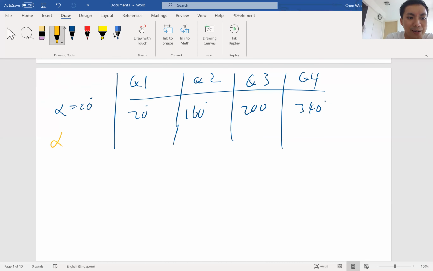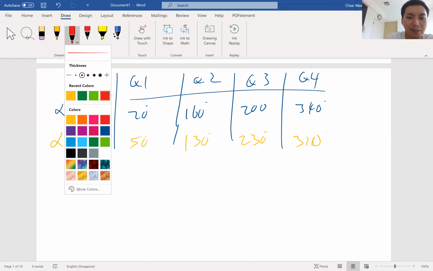If I say alpha is equal to 50, then you must say 50, 130, 230, and 310 degrees right away. Okay, so you must be confident to do this, whether it is in degrees or radians.